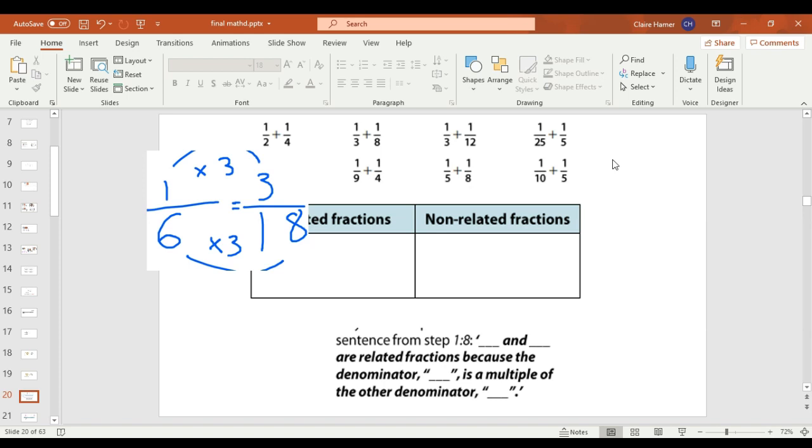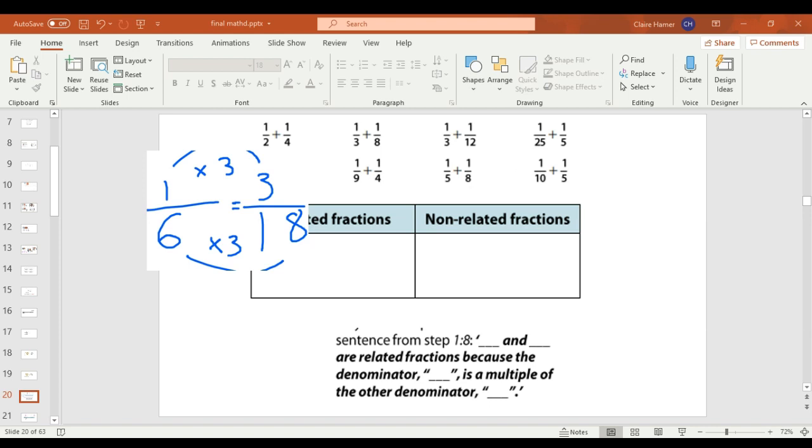No. Can I divide it by anything to get to 5? Yes, I can, but I can't divide the numerator, so I'm going to leave 1/25 as it is. Can I multiply 5 to get 25? Oh, yes, I can. So actually these fractions are related. 25 is a multiple of 5.